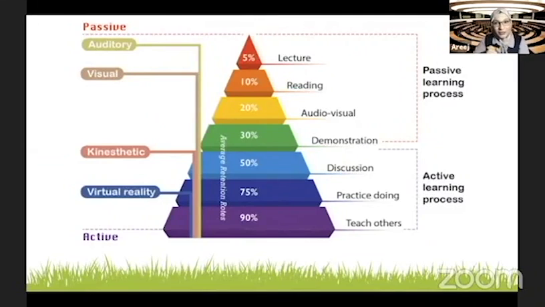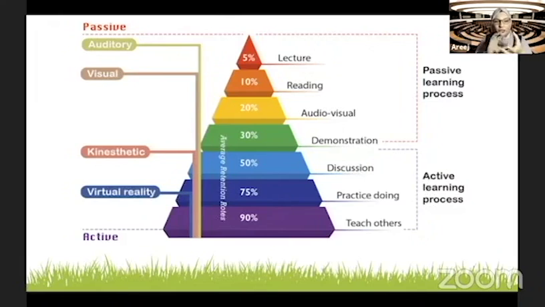If we lecture the students, they will retain only 5% of the knowledge. If they read the information, they will retain 10%. As we go down, if they start practicing, they will retain 75%. If there is a blended learning approach and they teach others, they will probably retain 90% of the knowledge, and they will be active learners.